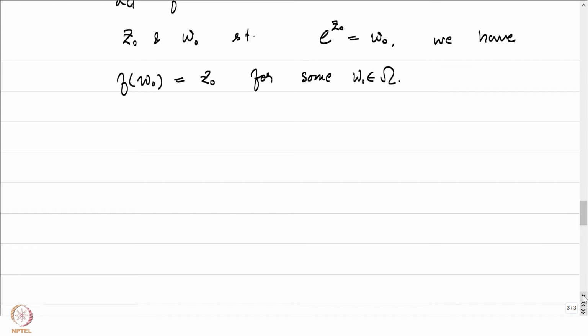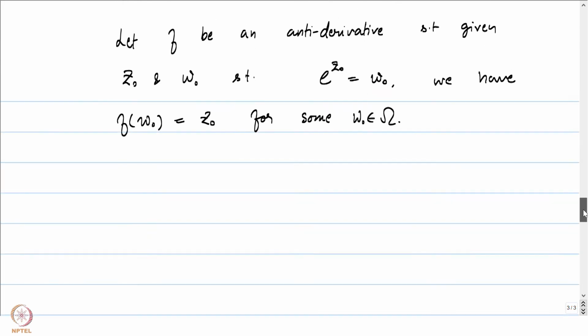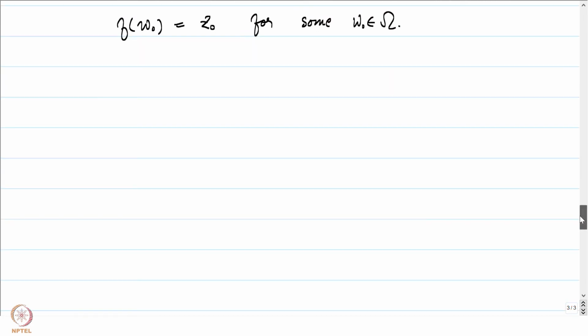Now, let us see whether we can draw any more conclusions about the function f. What is the function f doing right now? It is an antiderivative of 1 by z, and we have arranged for f to map w0 to z0, where w0 is a pre-image of z0 under the exponential map.